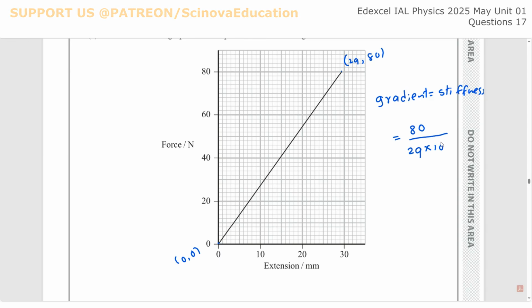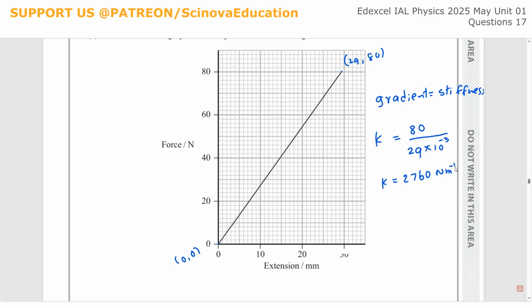Multiply 29 by a factor of 10 to the power minus 3 to convert into meters. This would give us the stiffness of the material. The calculation gives us an approximate value of 2760 newtons per meter.